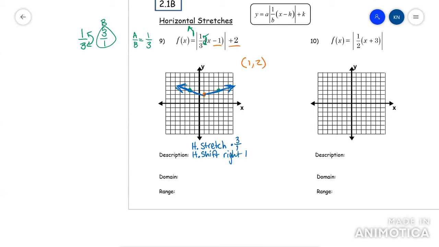Then you had a vertical shift, up 2. The domain of this function is all reals. The range is everything from 2 to positive infinity. And that would be it.